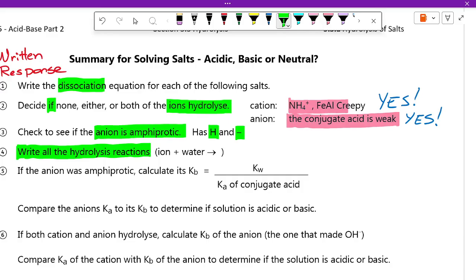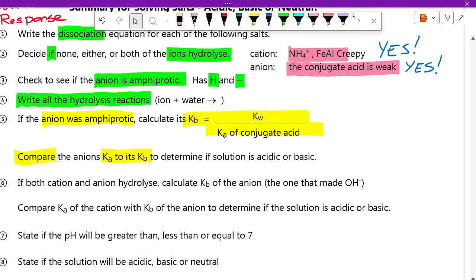If the anion was amphiprotic, you're going to calculate its Kb, which is Kw over Ka of the conjugate acid, and you will compare Ka to Kb to determine if it is acidic or basic. Similarly, if both the cation and anion hydrolyze, you will again calculate Kb of the anion, and you will compare Ka with Kb to determine if it is acidic, basic, or neutral.